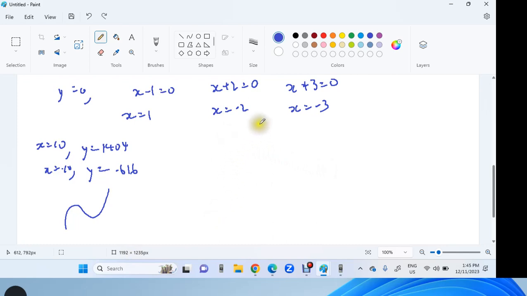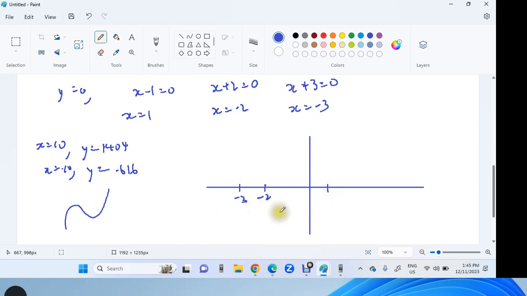So we have the x-axis and the y-axis, and the roots are negative 3, negative 2, and this is 1.